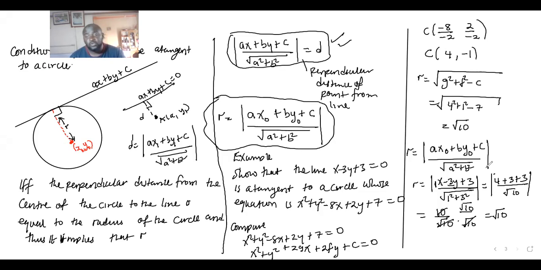So if you want to conclude, you say, since the perpendicular distance from the center to the tangent is equal to the radius of the circle, or it's the same as the perpendicular distance from the point (4, -1) to the line that is equal to the radius of the circle, hence the line which has been given is a tangent to the circle.